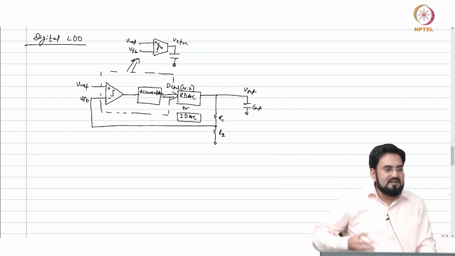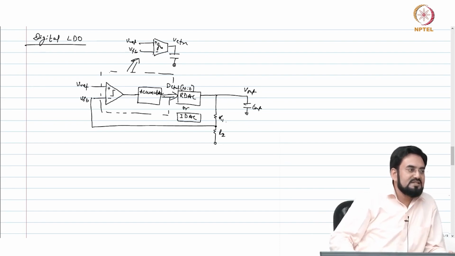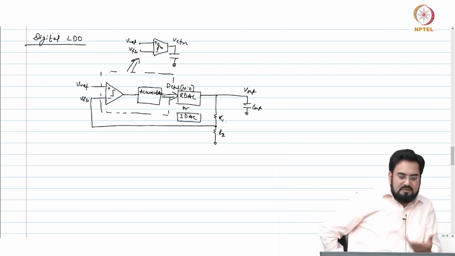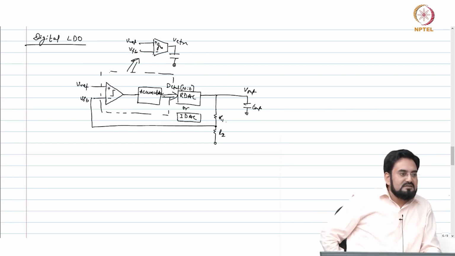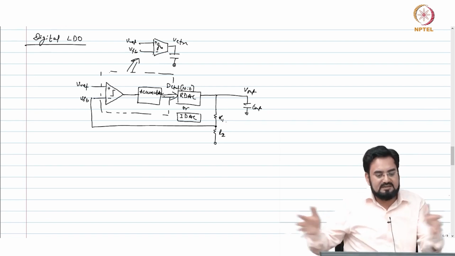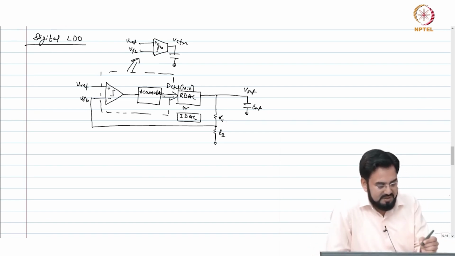Your MOSFET, the pass element, was a voltage controlled current source. Now if you put a current DAC, the IDAC behaves like a digitally controlled current source. That's it. So you have parallel currents.